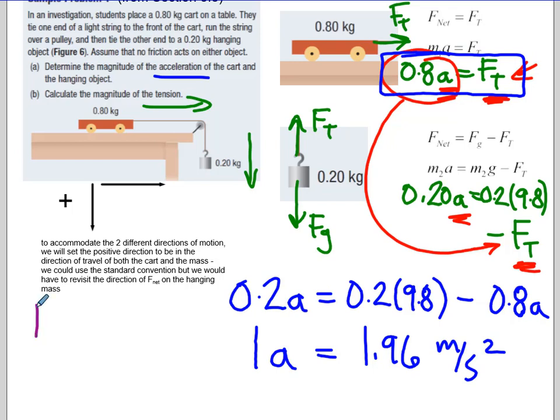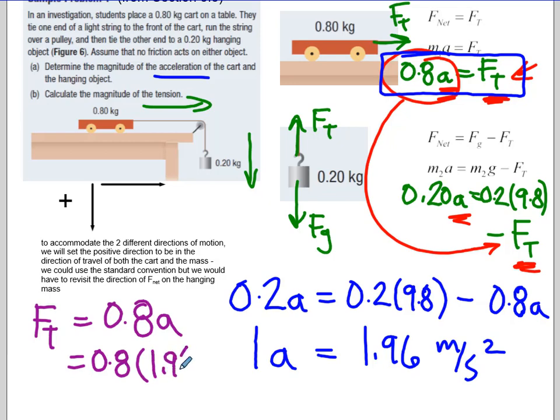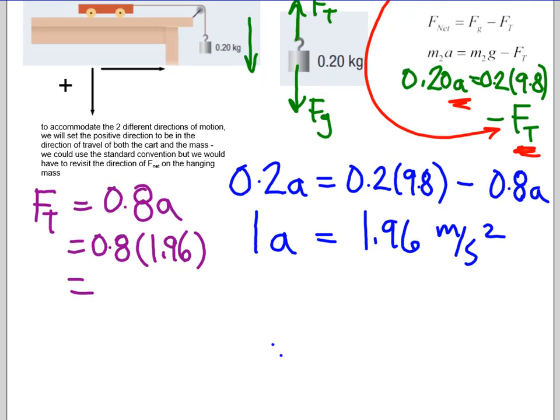So if I take that tension force and substitute in my newly found acceleration, then I should be able to determine the tension in that string. Nothing terribly new there. Let's say it's 1.6 newtons or thereabouts, pretty darn close.